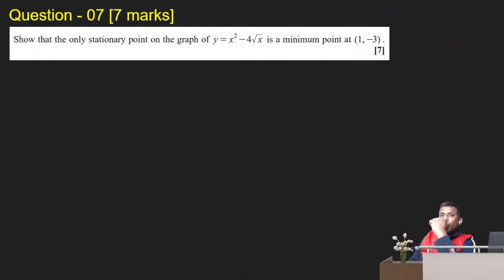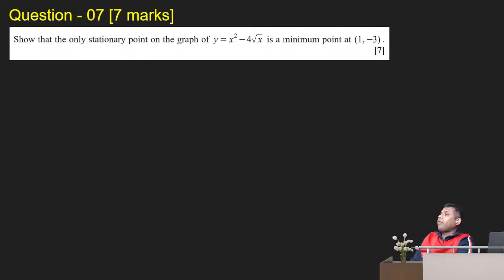Have a look. Question 7, 7 marks, right? This appears in one of the OCR papers. Show that the only stationary point on the graph y equals x squared minus 4 root x is a minimum point at 1 comma minus 3, right?